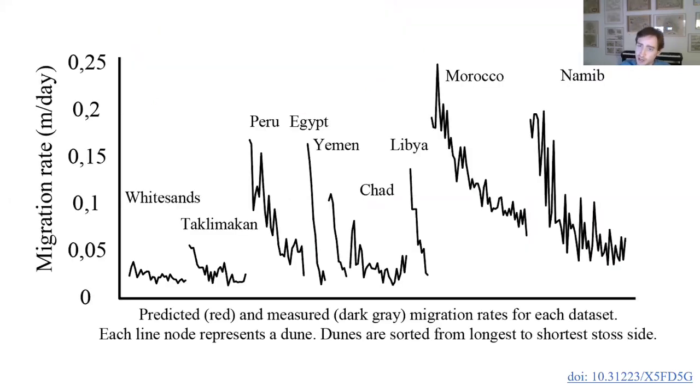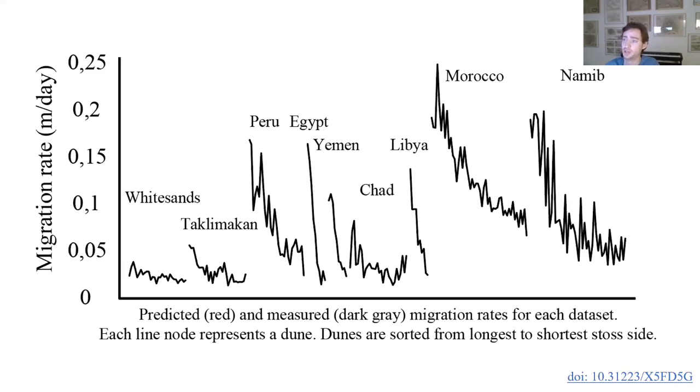So here you see the same data, and each squiggly line here is a dune field. And each node on the squiggly line is the speed of a dune. And they're basically arranged from smallest on the left to largest on the right.